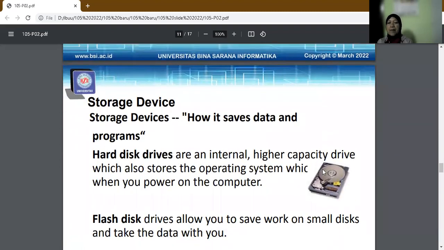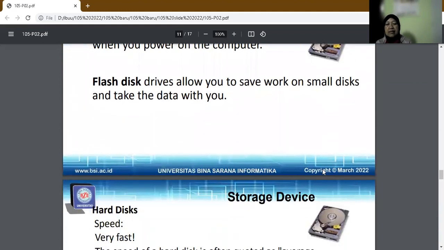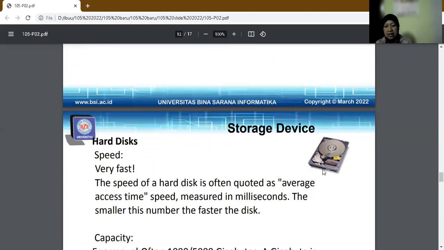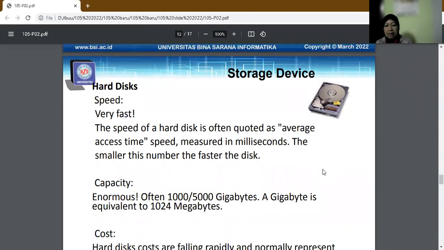If we want to save data, we must use something to save our data, like hard disk or flash disk. About the size of the hard disk, there are so many capacities, from 100 gigabytes, often 1,000 until 5,000 gigabytes.